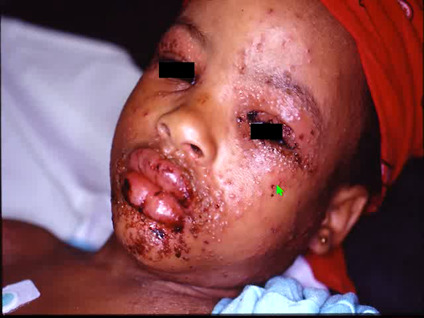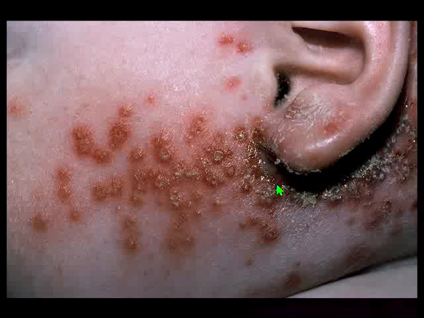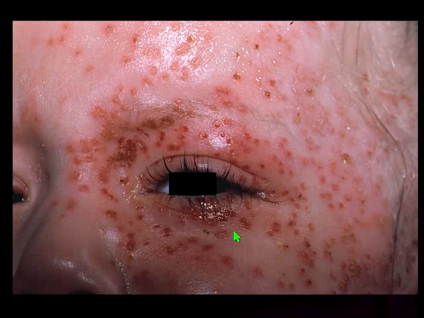So we want to get a prompt ophthalmology consult. Just another classic example, you can see the clustering, or the herpetiform nature, of these vesicles and erosions. And in this patient, we see primarily these punched-out erosions, which you don't typically see in your typical staph or strep infection.